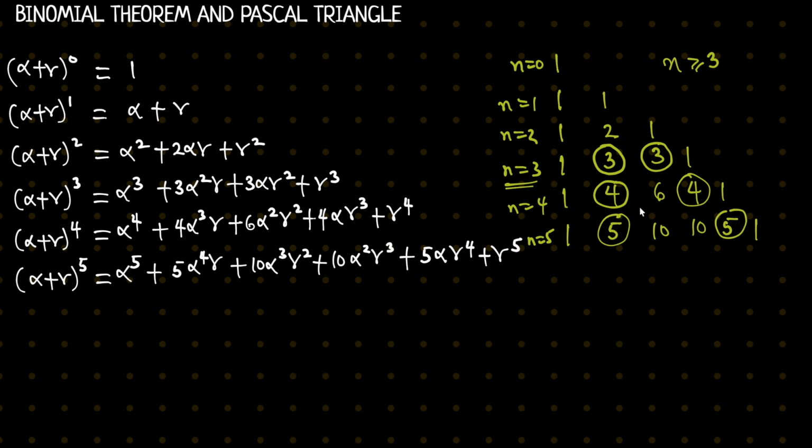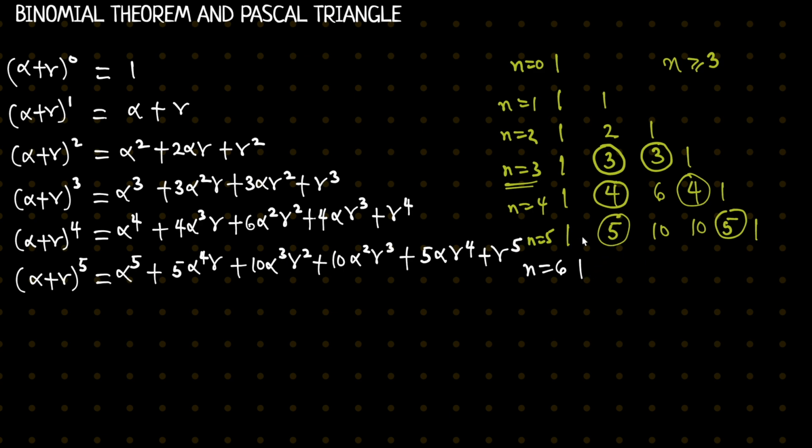And lastly, we also see that we can actually generate the next line from the previous line. That is, we can generate for n equals 6 by, don't forget, starting with 1, and it's also going to end with 1.